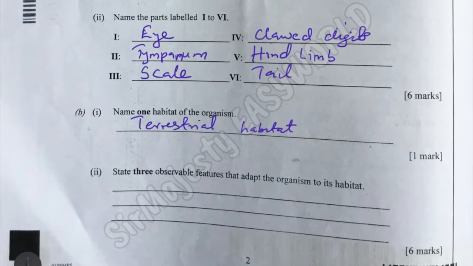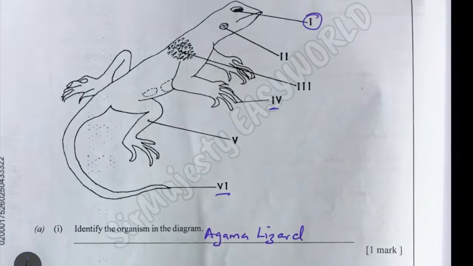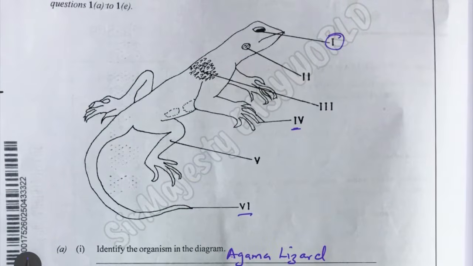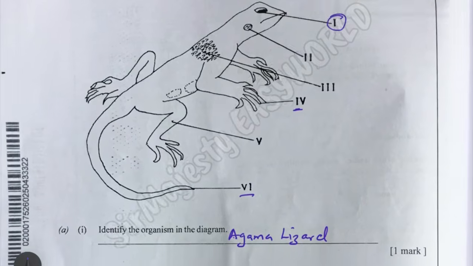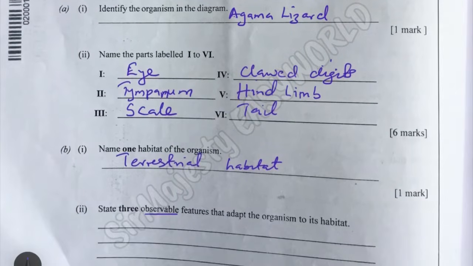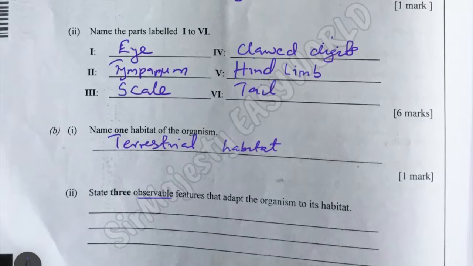State 3 observable features that adapt the organism to its habitat. They said observable, which means don't say what you cannot see in the drawing. First of all, we can see the eye, presence of eye for sight.